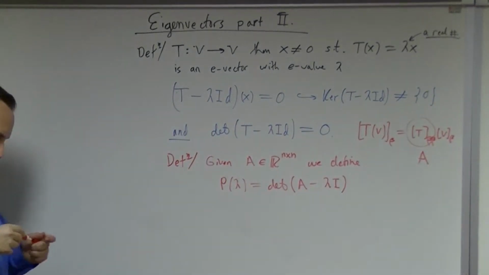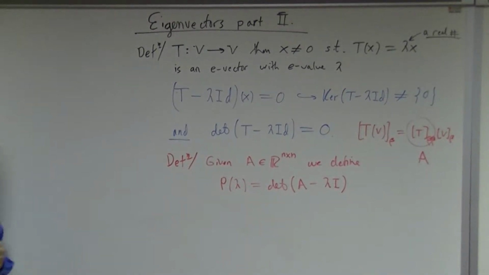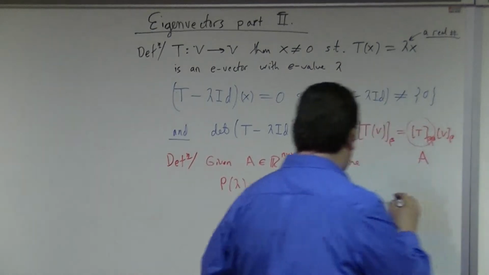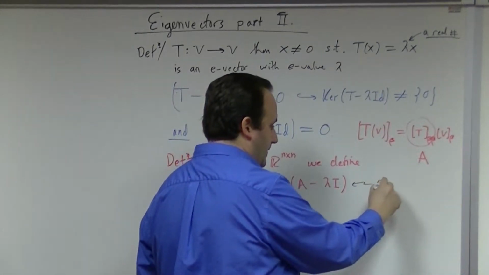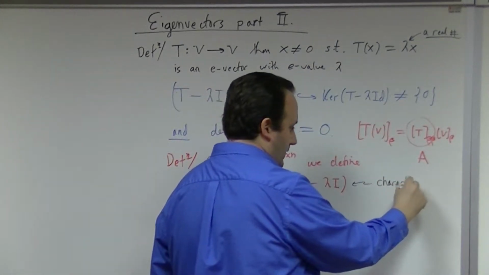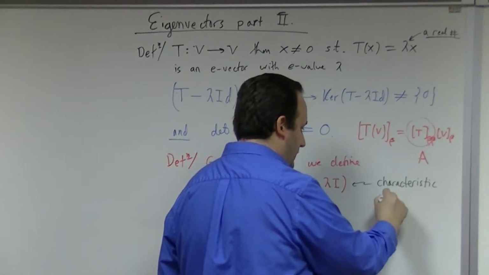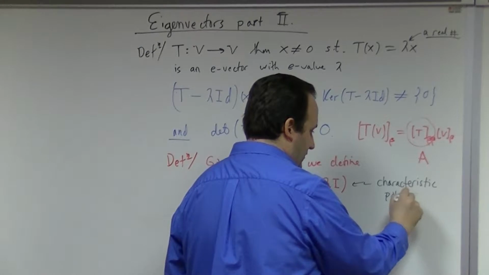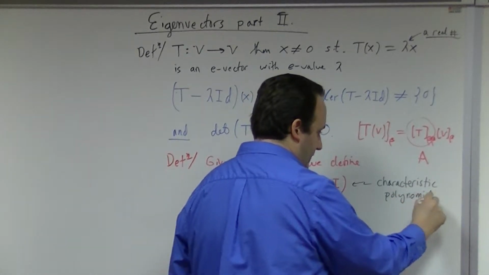This has a name. This is the characteristic polynomial of A.